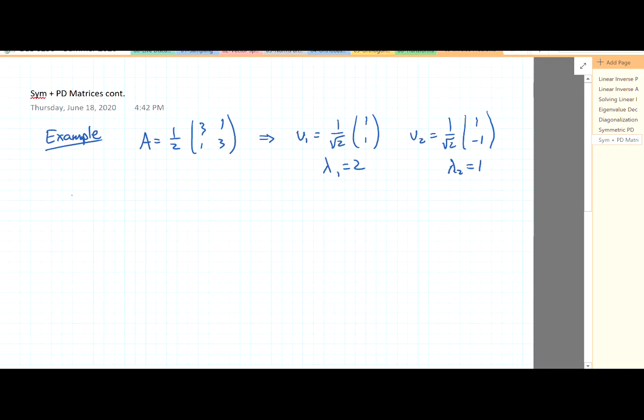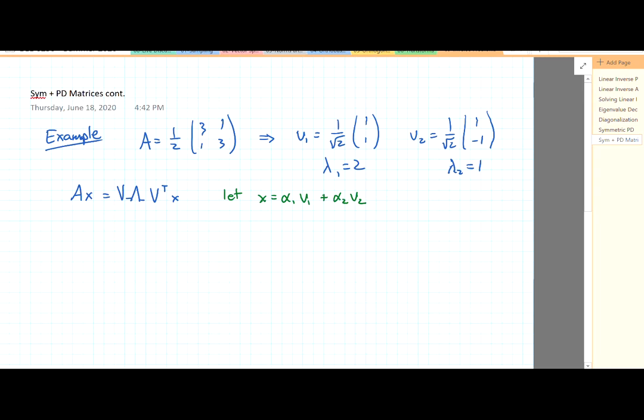So if we have A times x for some x, we can write that as V lambda V transpose x. And let's let x equal some linear combination of our eigenvectors.